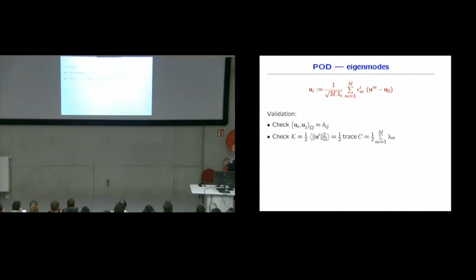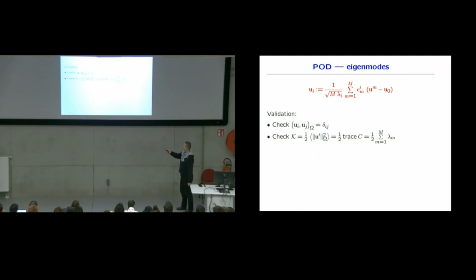Good. So now you have the eigenmodes, and essentially the POD mode is nothing but a linear combination of your snapshots done in a smart way. And of course, you have to rescale it somehow, and you remove some of the fluctuation intensity in the direction.